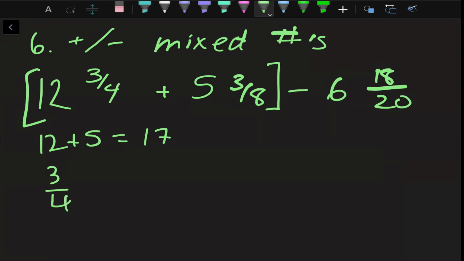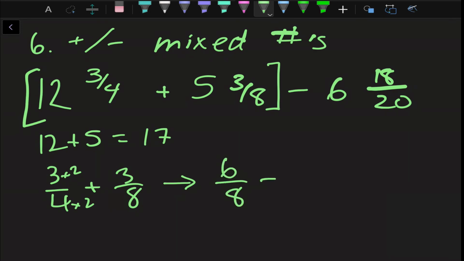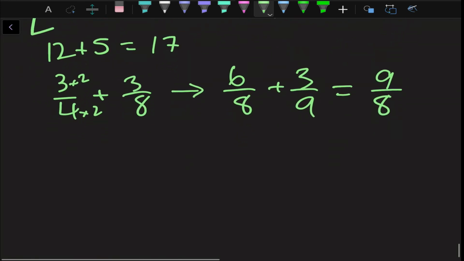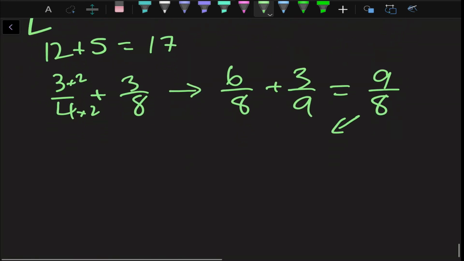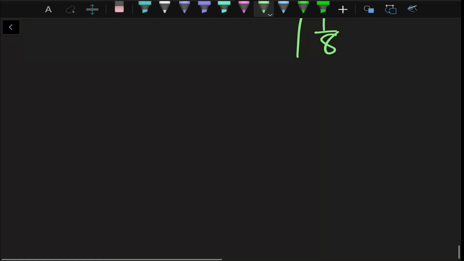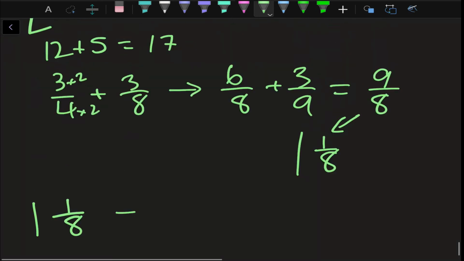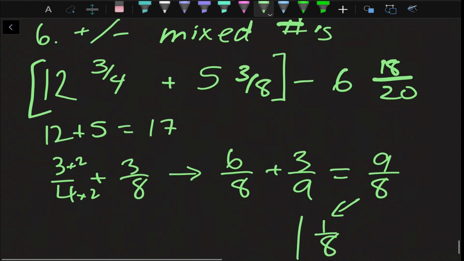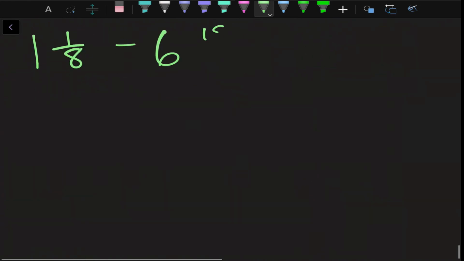So I have 3 over 4 plus 3 over 8. 4 times 2 is 8, so I'll multiply by 2 to get 6 over 8 plus 3 over 8 is 9 over 8, which, since this is an improper fraction, you can do it yourself, but it is 1 and 1 over 8. So I can rewrite my question as 1 and 1 over 8 minus 6 and 18 over 20.